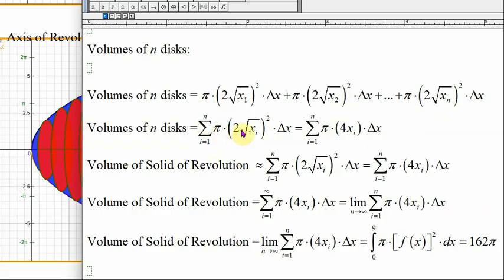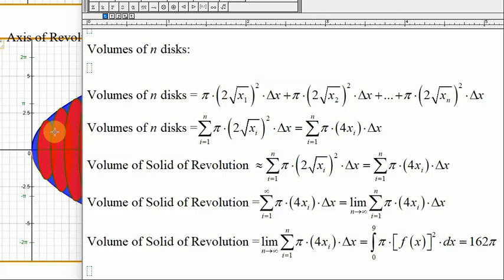And notice right here, 2 times the square root of x sub i, squared, would be just 4 x sub i. And so this is the volumes of n number of slices. Therefore, the volume of the solid of revolution will be approximately this sum right here.